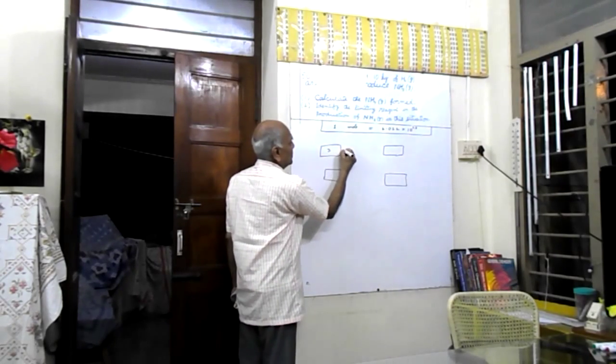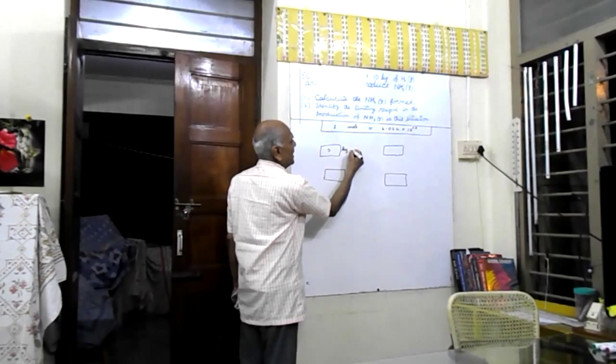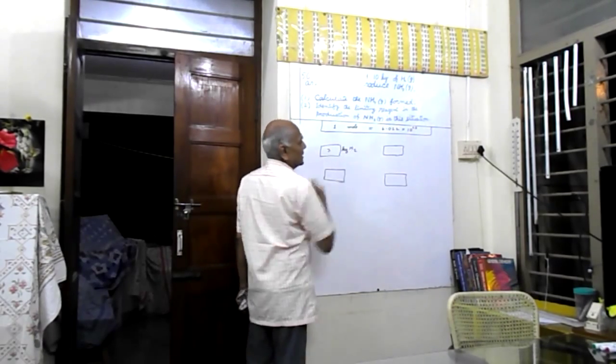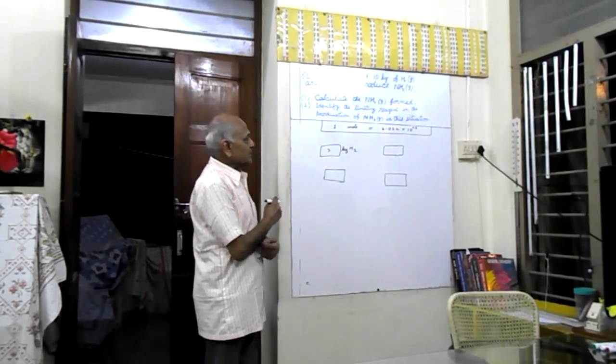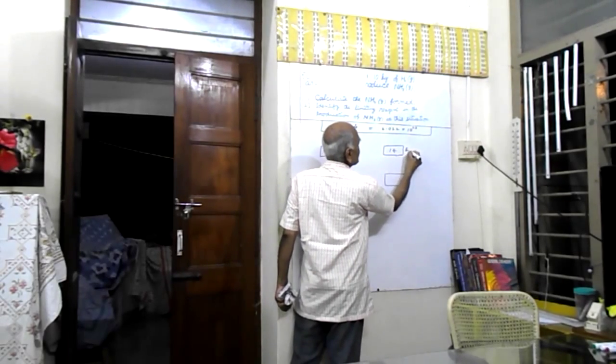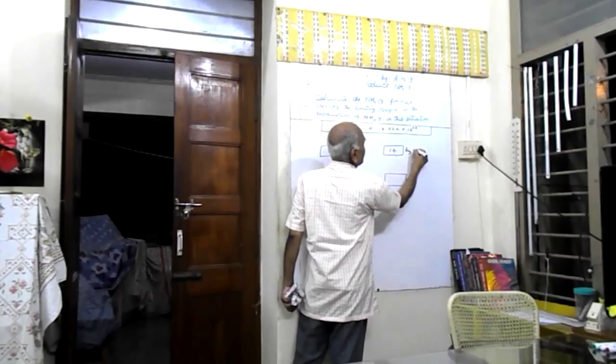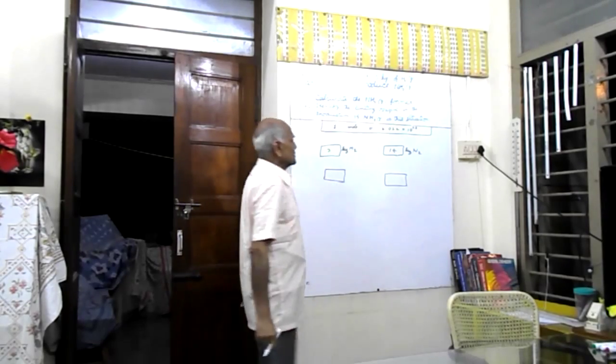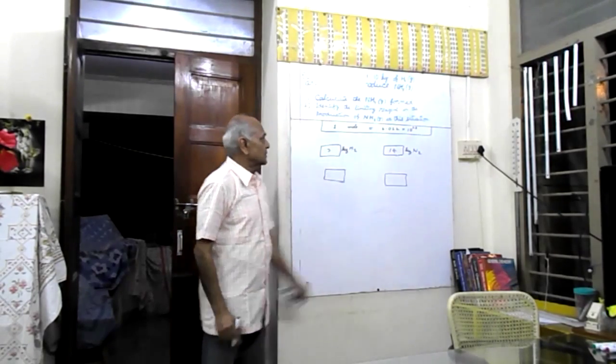Three kilograms of hydrogen will combine with 14 kilograms of nitrogen. Now the question is, there are only 10 kilograms.